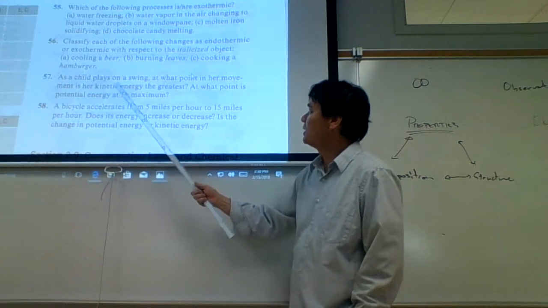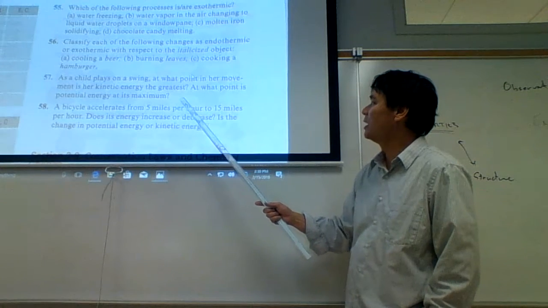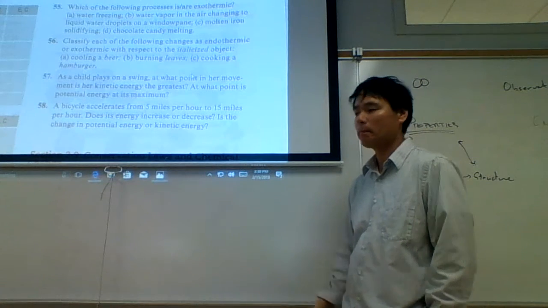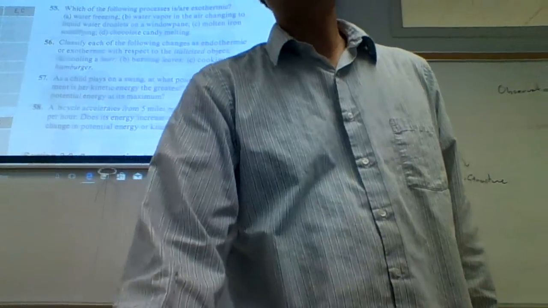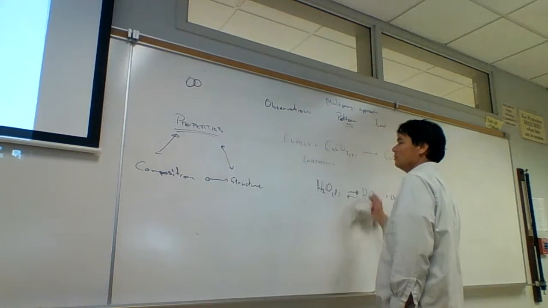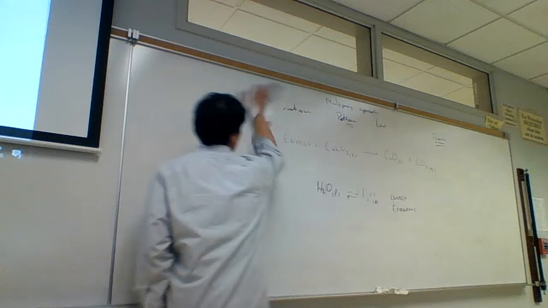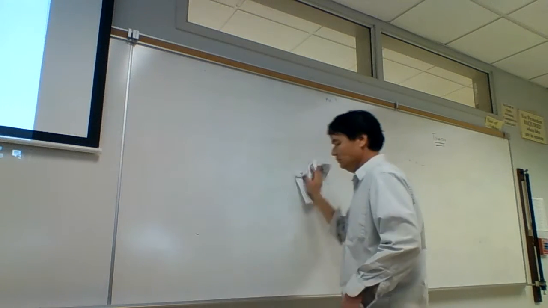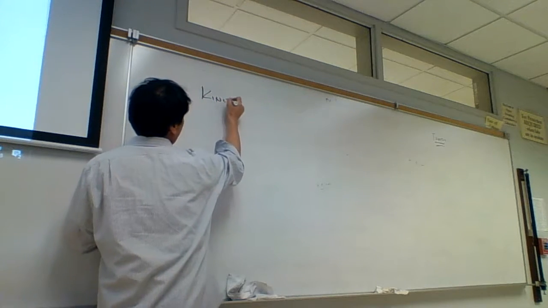Okay, as a child plays on a swing, at what point in her movement is her kinetic energy the greatest? At what point is potential energy at its maximum? If you've had physics, then you know. In physics, we know about kinetic energy.